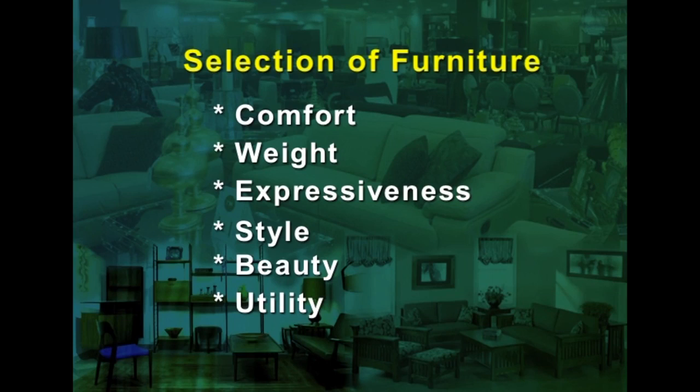Let us now study the utility aspect of furniture. How best can we utilize furniture? All furniture pieces are bought with the main intention of having some use, regardless of its beauty or sentimental association.